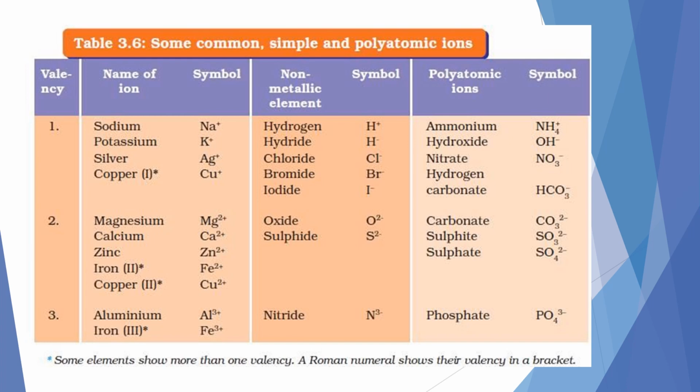And hydroxide ion, that is OH minus. Here 2 atoms are there, oxygen and hydrogen, and its valency is 1, and its charge is minus, so that is an anion. And nitrate is NO3 minus. Hydrogen carbonate is one ion, its symbol is HCO3 minus, and valency is 1 because here only 1 minus.